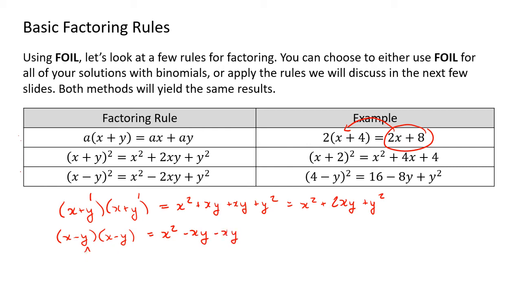And the last terms, negative y times negative y, which gives you positive y squared. So collecting the like terms in the middle, that are both xy, we get x squared minus 2xy plus y squared. So it's totally up to you whether you choose to remember this as a rule or just use FOIL.